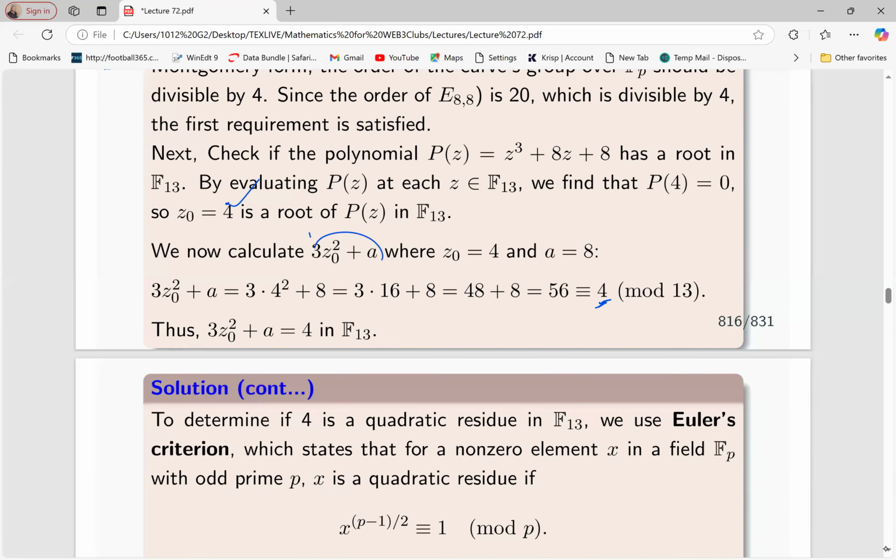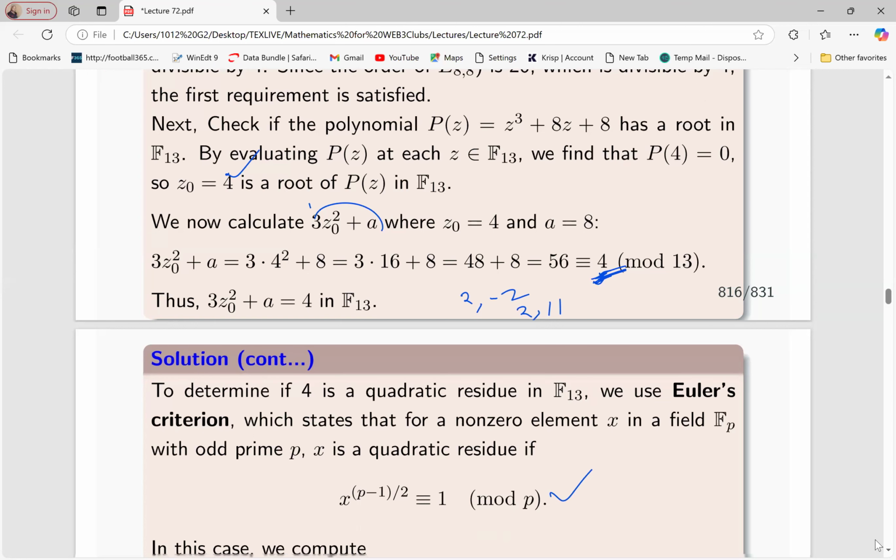Don't need to try, okay? But this part I was testing whether it has a square root. But this one has a square root. Without even testing, 4 has a square root, and it's 2 and negative 2. Or you can say 2 and 11.